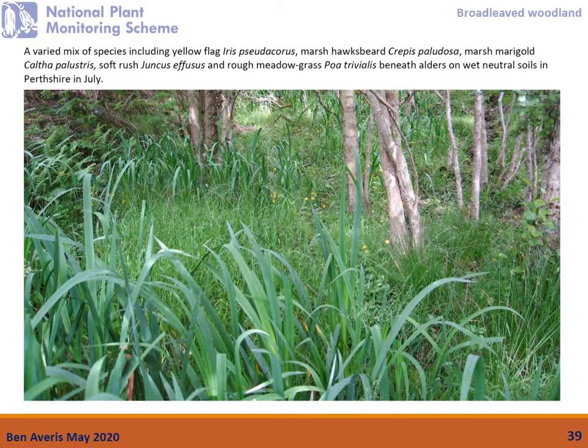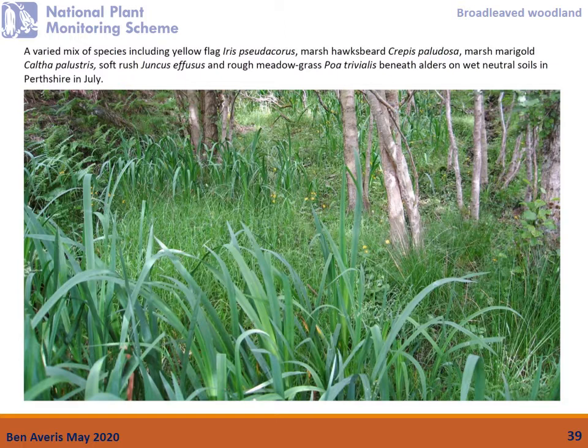In this picture we've got more of a mixed assemblage of species on the ground, some grasses and some herbs beneath an alder canopy. So there's a lot of iris, the yellow flag. It's not yet flowering in that picture, but those leaves are unmistakable, these great big flattened tufts, like someone's come along and squashed them into one plane.